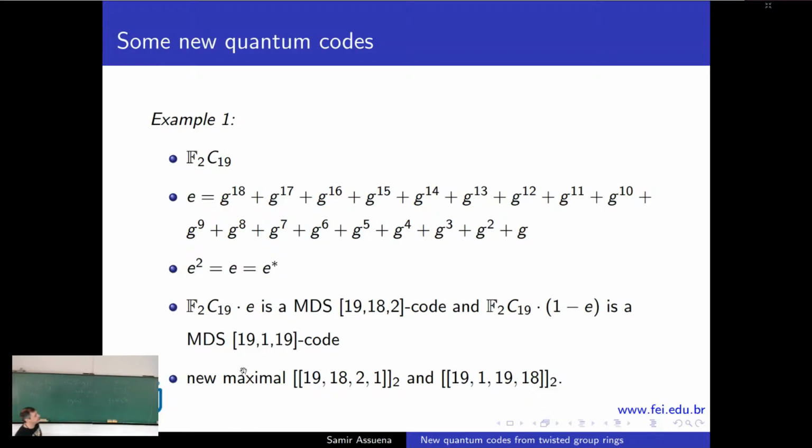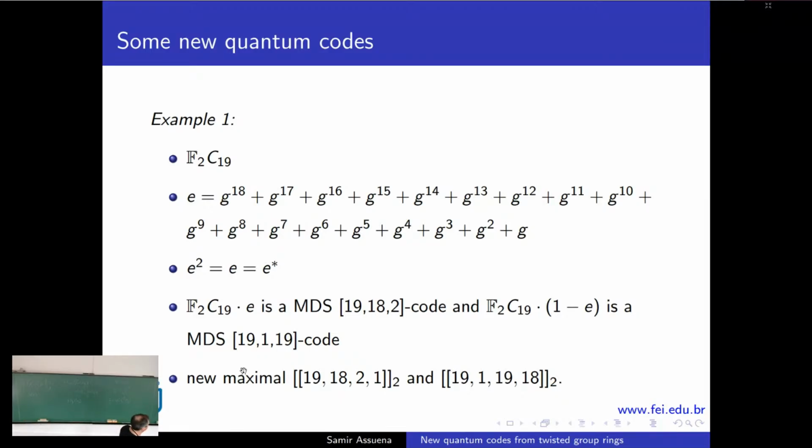In this case, the code generated by this idempotent is an MDS code, a maximum distance separable code. This code achieves the Singleton bound, and this happens also for its dual code.